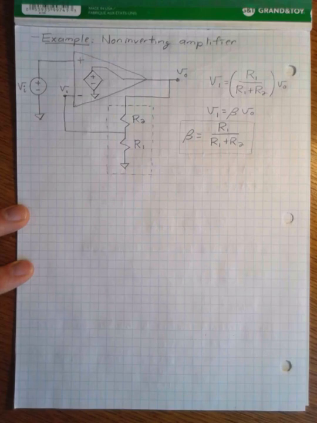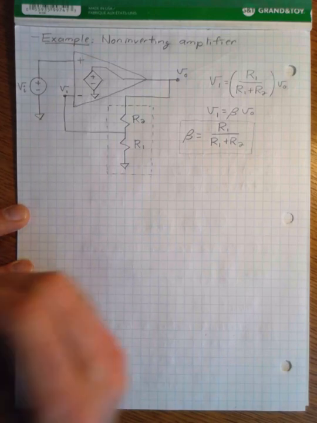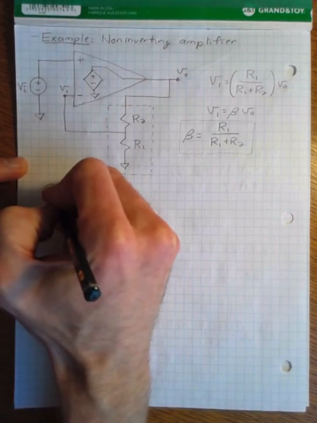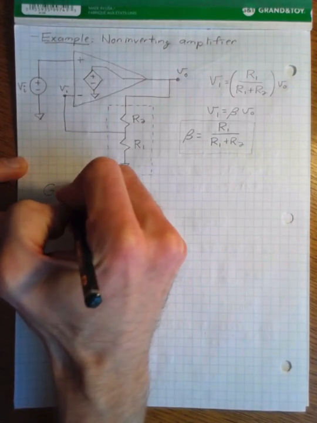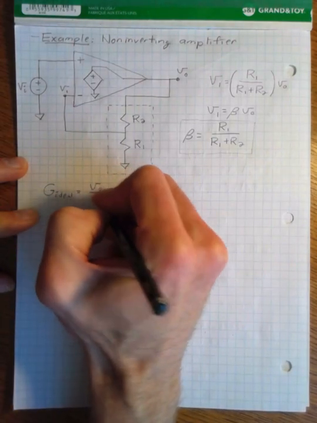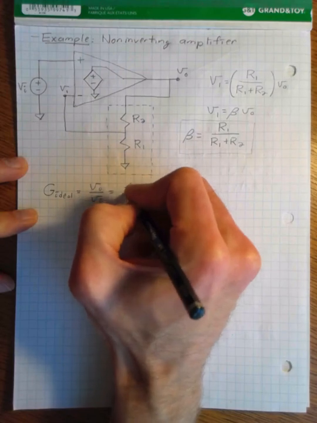If you're okay with that now, we can start to use some of the equations that we developed a moment ago. So we know that our ideal voltage gain, output voltage over input voltage, is equal to 1 over beta.